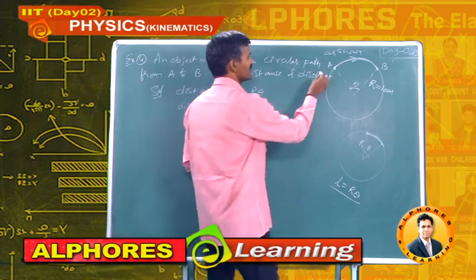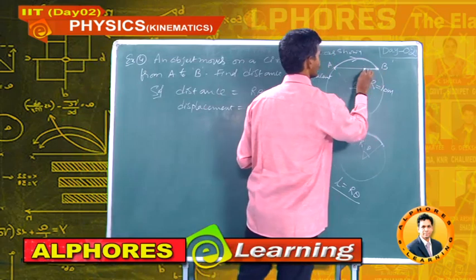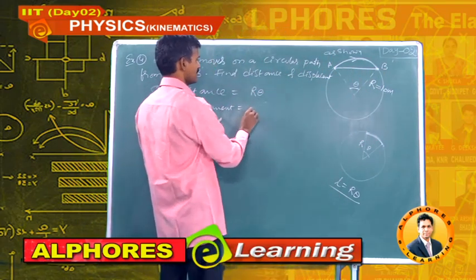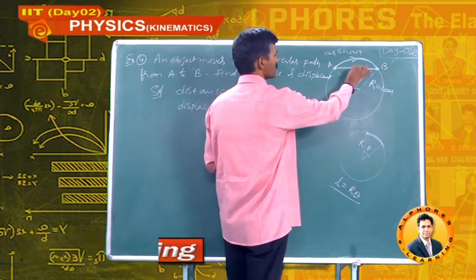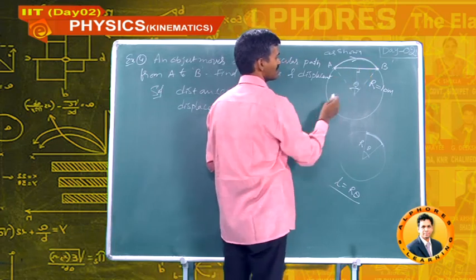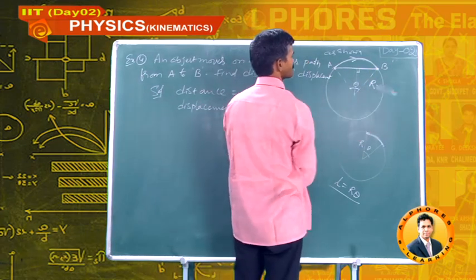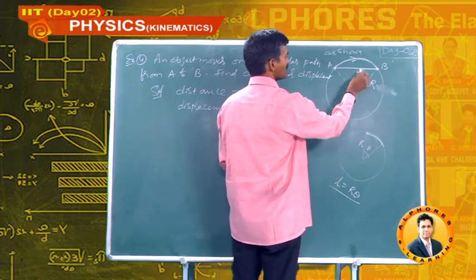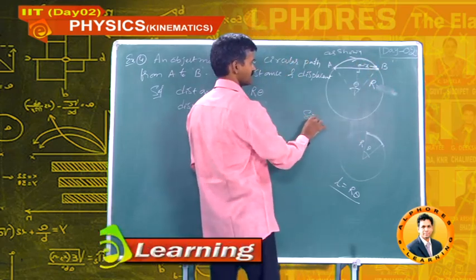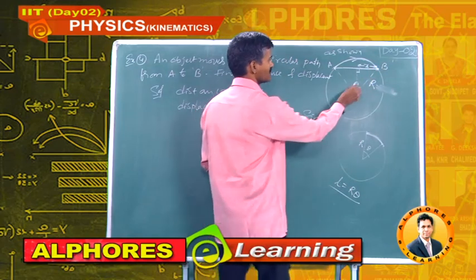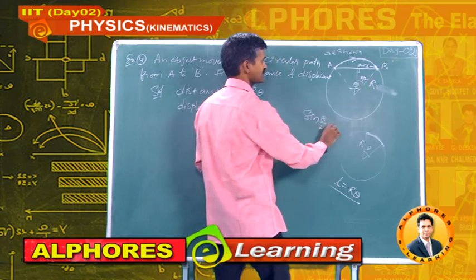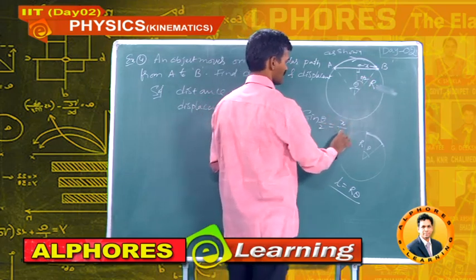Next, what is displacement? Displacement is length of the shortest line. This is the displacement. To calculate the displacement, I am dropping a normal. If this is 90 degrees and this is r, from this it is some x. By considering sine of theta by 2, sine theta by 2 is nothing but x by r.